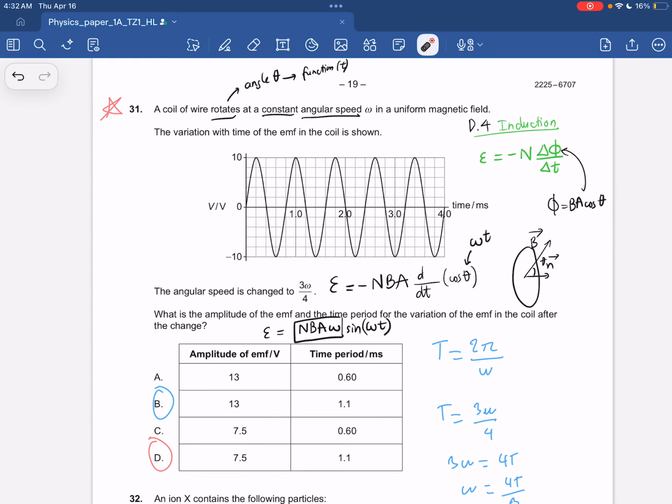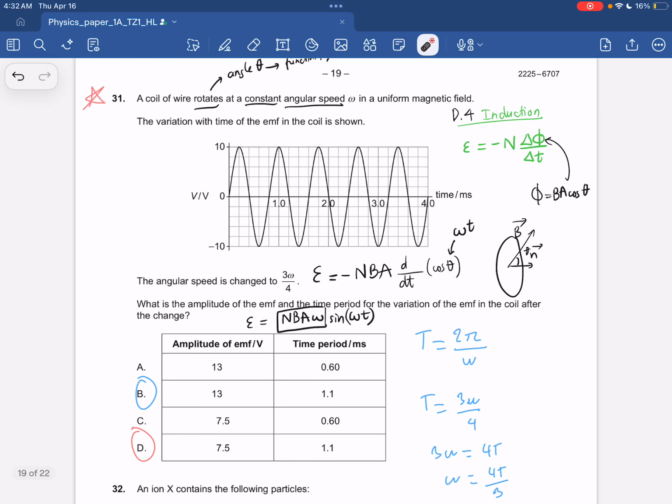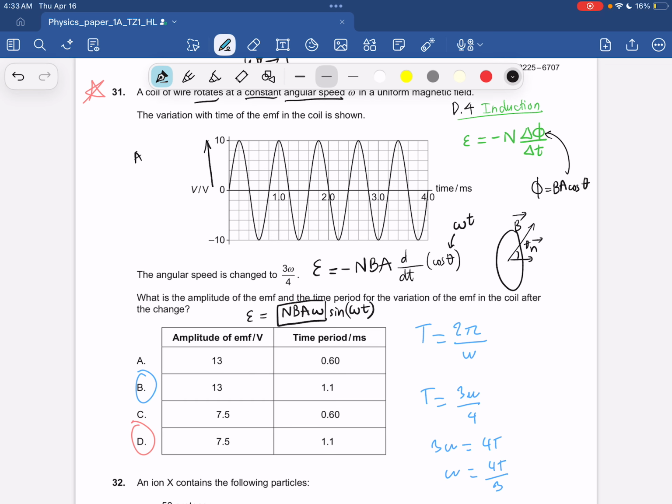So let's have a look at this one now. For this one, you can see that the coil of wire rotates at a constant angular speed omega, and the maximum value it can reach here, the amplitude, that's the extreme it can get, either 10 or minus 10.